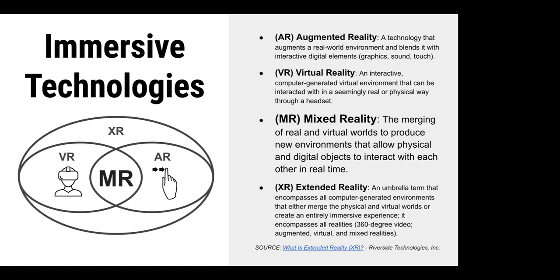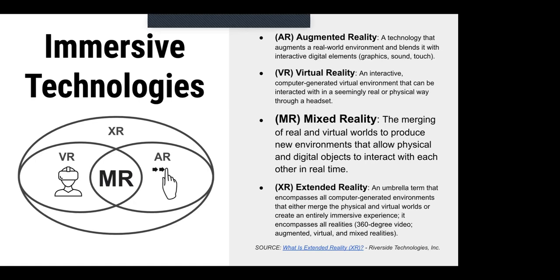Augmented reality is often using a phone or an iPad where you can see 3D models in real space. Mixed reality is the merging of real and virtual worlds, and it allows for physical interaction with digital objects. And I'll show you what that means here in a minute, but you're in mixed reality. Extended reality is an umbrella term that encompasses all of these environments.